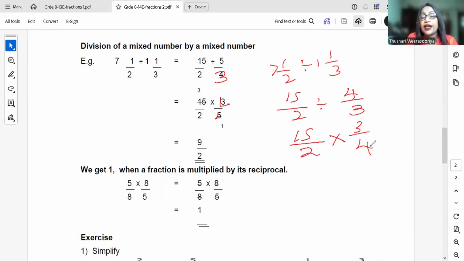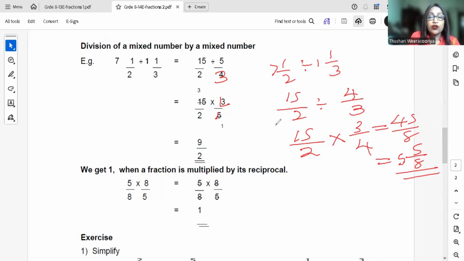No. This is the final answer. You can't simplify this further. Then you just keep multiplying, 45 over 8. When you divide, 8 times 4 is 32, 8 times 5 is 40, so 5 is remaining. That's how you write it as a mixed number.